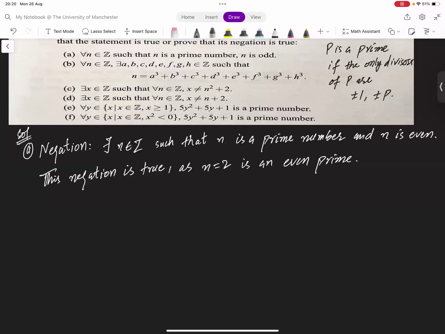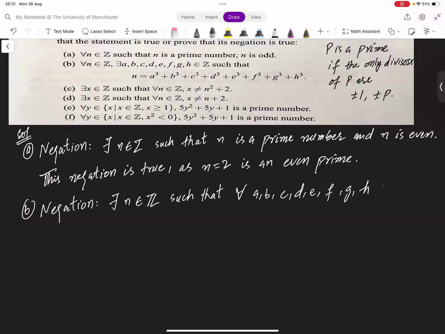And to form its negation, we say that there exists some n in Z such that for all these A, B, C, D, E, F, G, H in Z, the number n is not the sum of A cube, B cube, up to E cube, F cube, G cube, H cube.